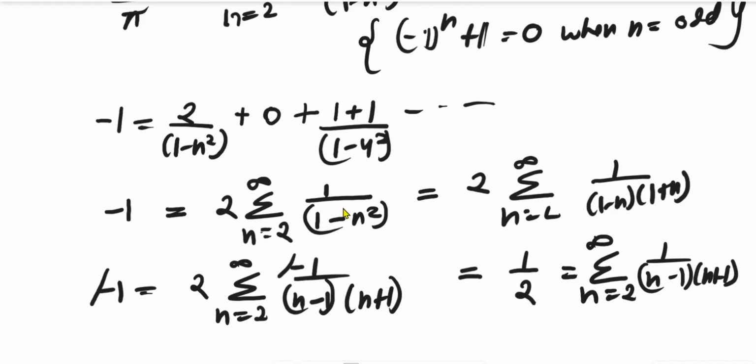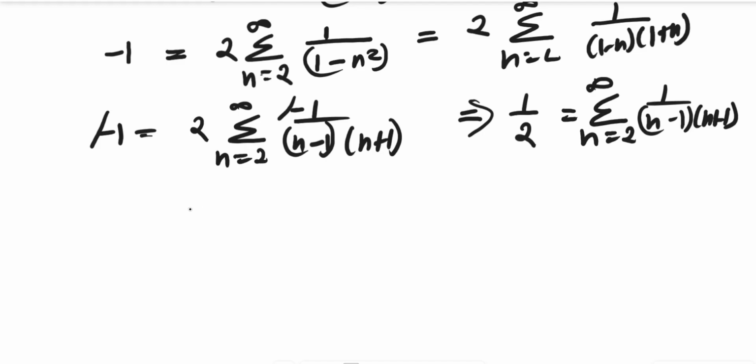Now open this up. This is equal to 1 upon 2 is equal to, put n is equal to 2, it is 1 upon 1 multiply n is equal to 2 plus 1 is 3 plus, put n is equal to 4, n is equal to 3, it is 3 minus 1.